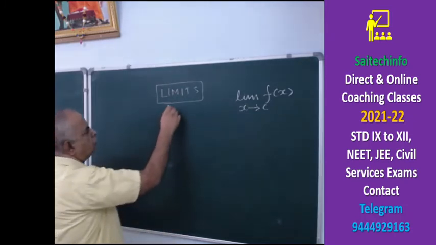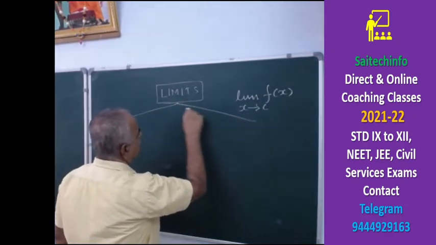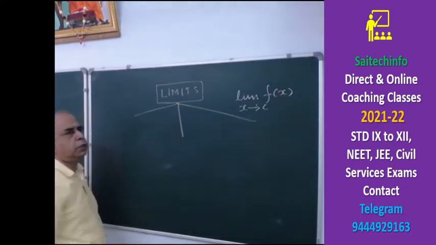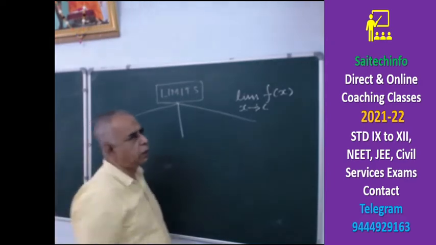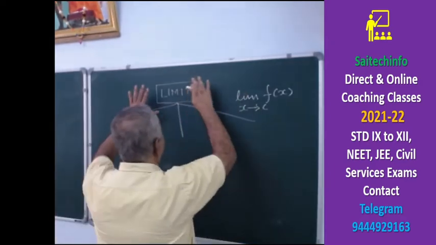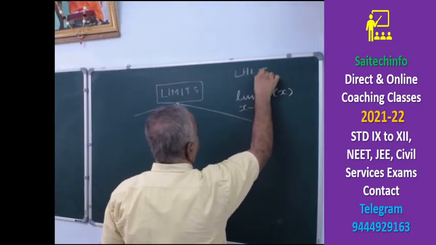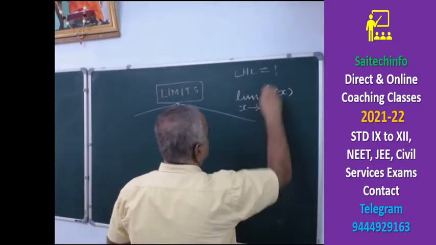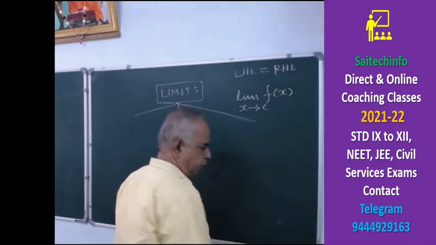So we can branch this out as three major aspects. And before that, you should understand that if the limit exists, the left hand side limit should be equal to the right hand side limit.